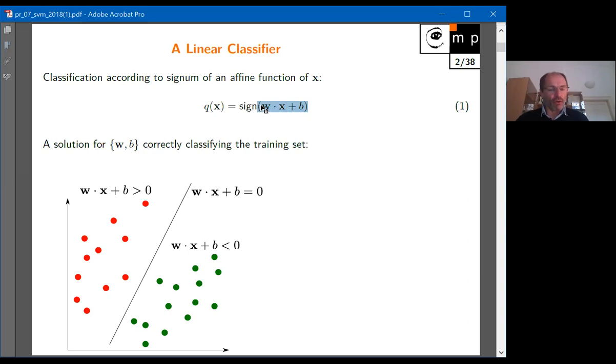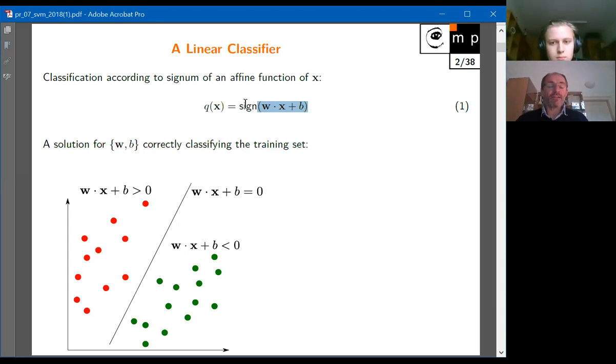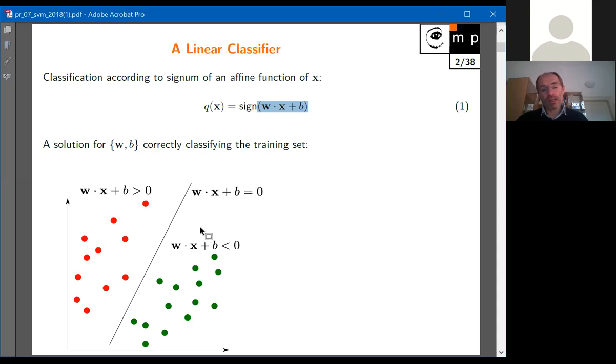So we have this normal vector to the separating plane, and to make a decision, we do a scalar product between w and x, which is the same as projecting x onto the normal vector, and then we shift the plane in some direction by b, and the sign will be the classification, which means plus minus 1. We can also write it like if the projection plus b is greater than 0, one class, smaller than 0, the other class.